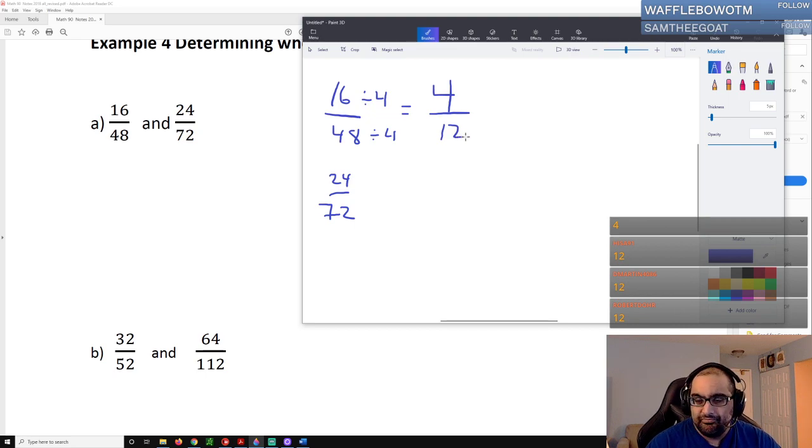Nice. Now can we reduce this down further? We have 4 over 12. Can we reduce this further? Yes. What should I divide by then?